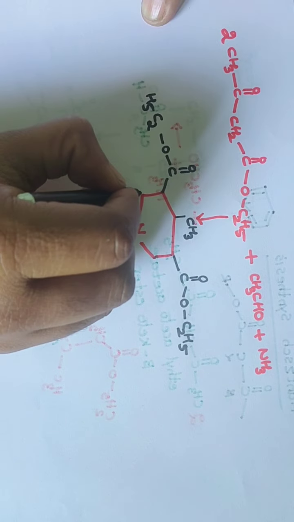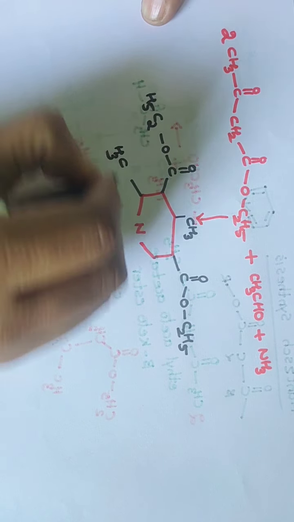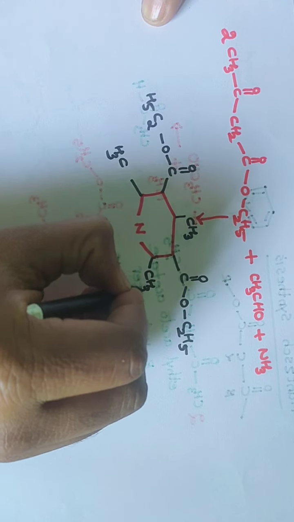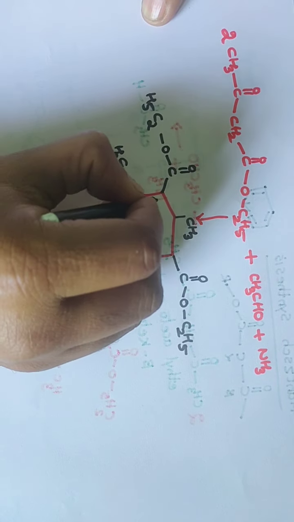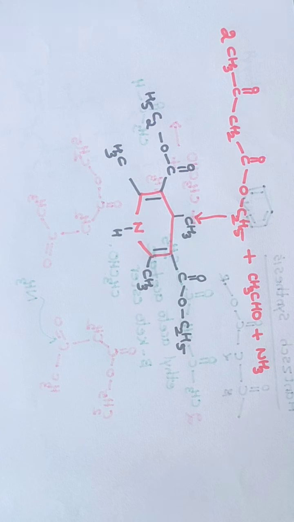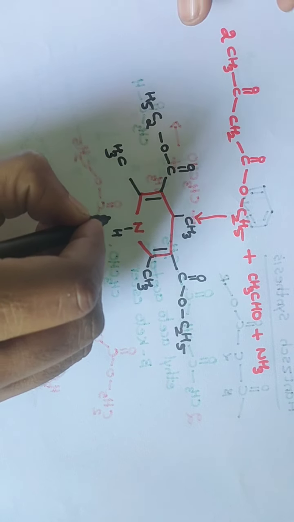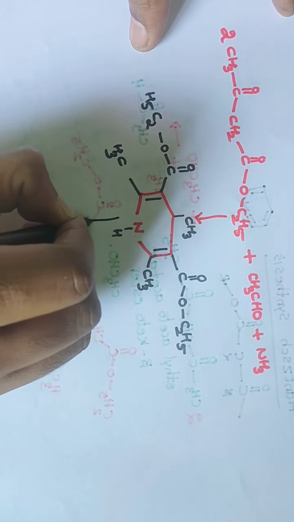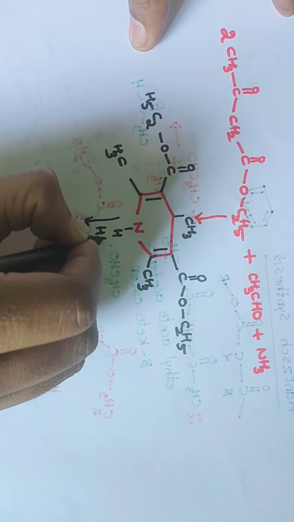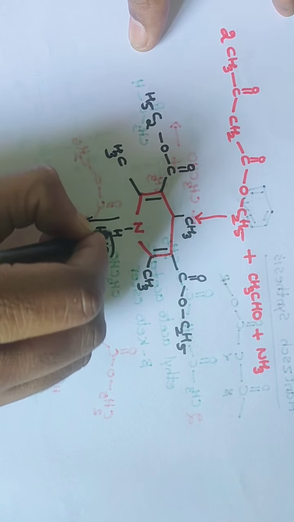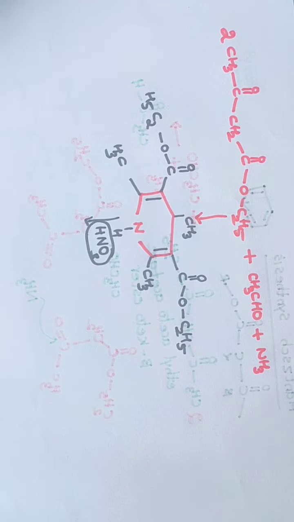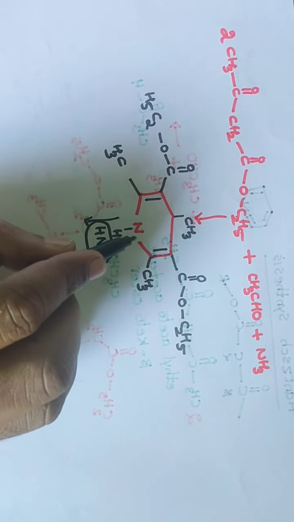There will be a methyl here, as well as a methyl here. This is what you are going to get, right? So this is how we should write it. A 6-membered ring. On oxidation with HNO3, if we carry out oxidation using HNO3, it undergoes oxidation to form pyridine.